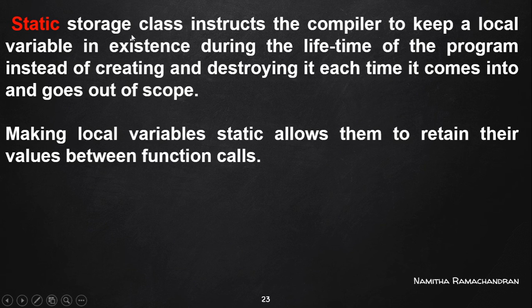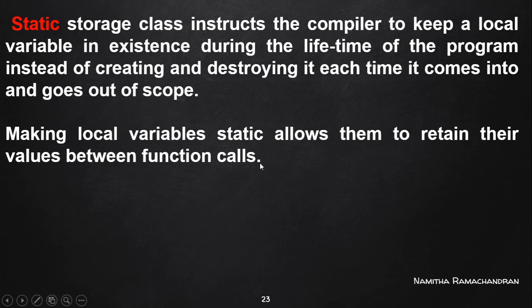That means this static storage class gives a lifetime throughout the program to a particular local or auto type variable. Making a local variable static allows it to retain its values between function calls.